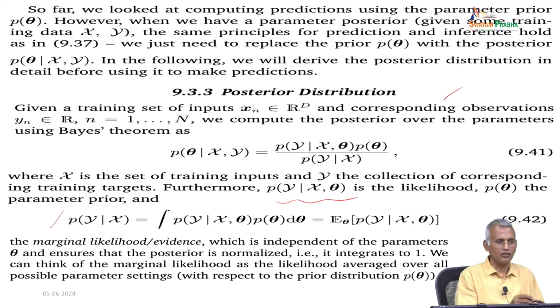We have p of y given x equal to the integral of p of y given x comma theta into p of theta d theta, which is the expectation of p of y given x comma theta.